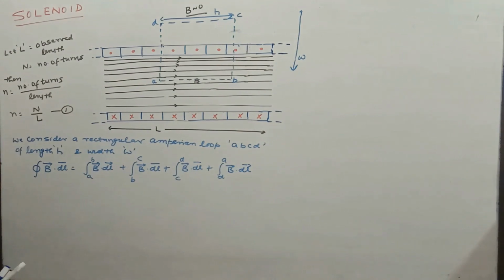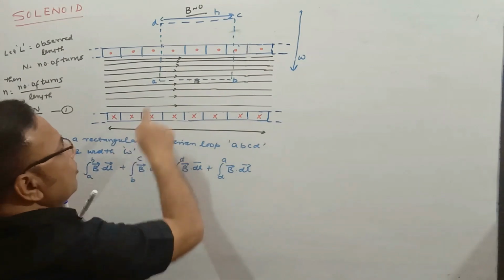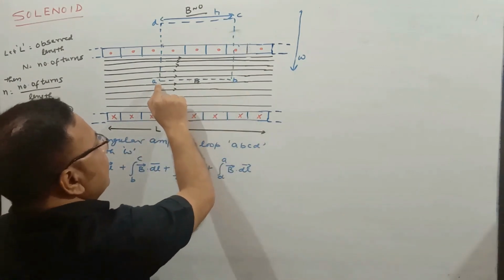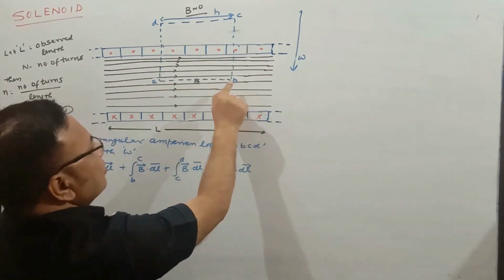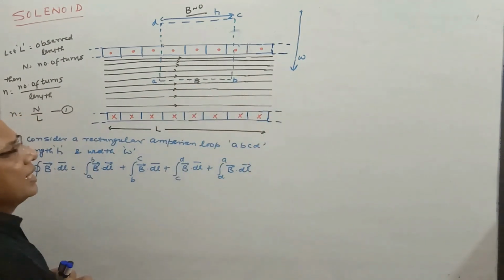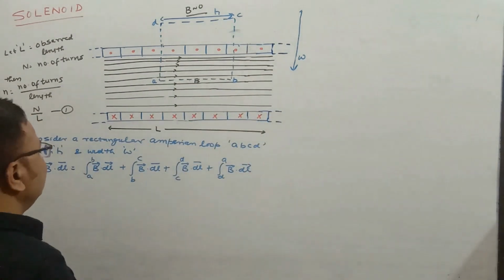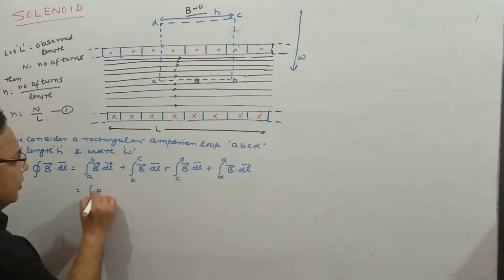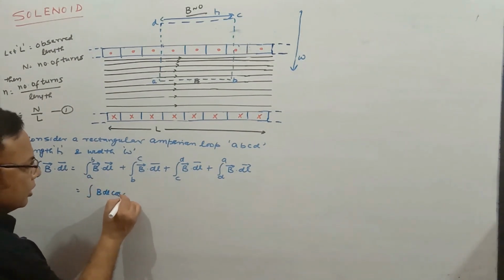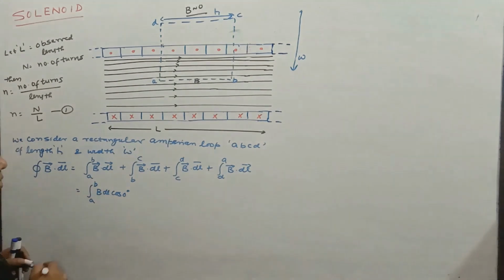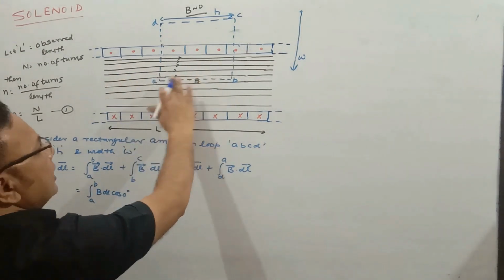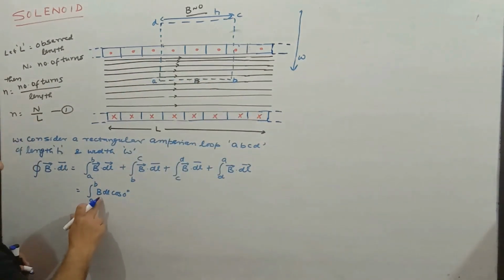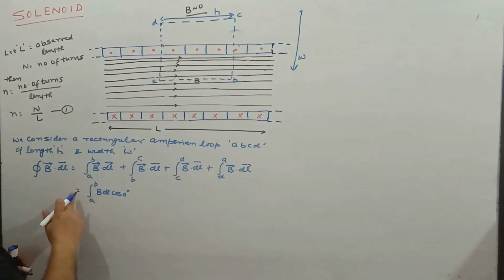What we shall have is, when we traverse from A to B, the direction of dl, the length traversed, and the magnetic field direction remain the same. So we can write it as integral B dl cos 0 degree from A to B. And all along AB the magnetic field strength B is constant, so we can take it out as well.